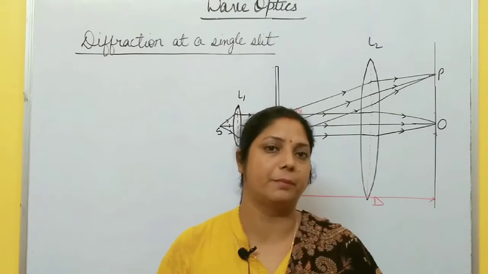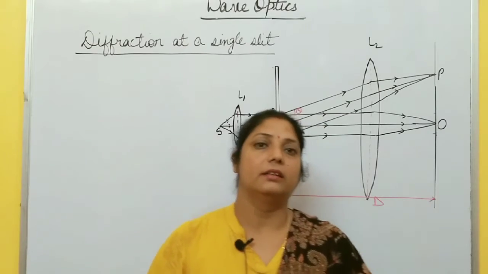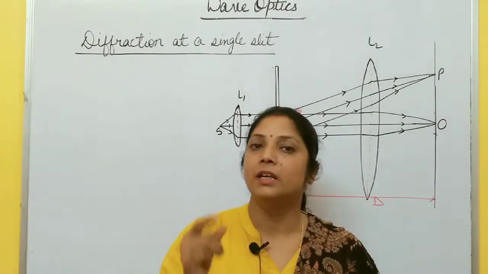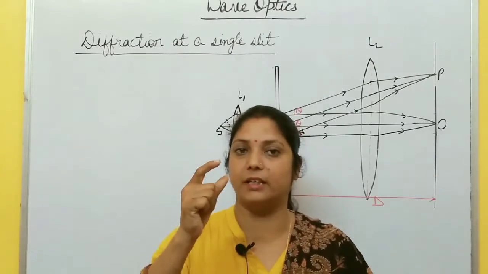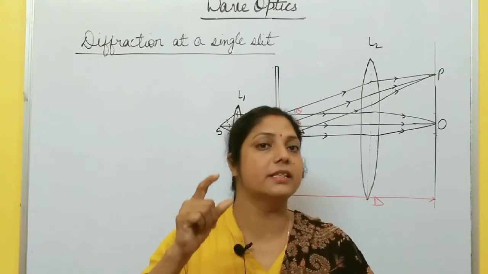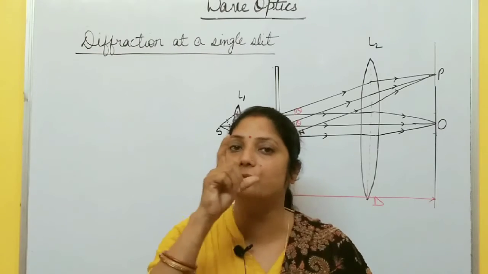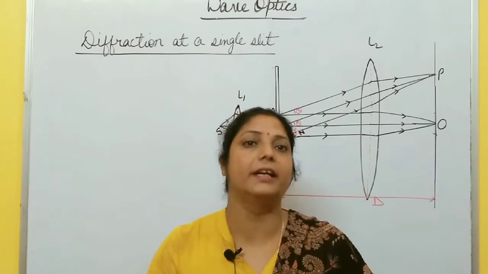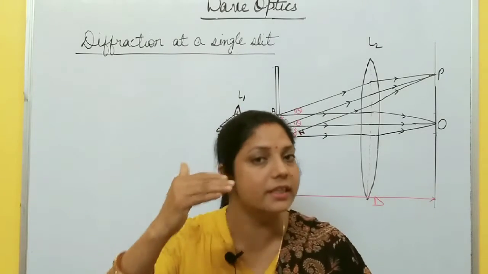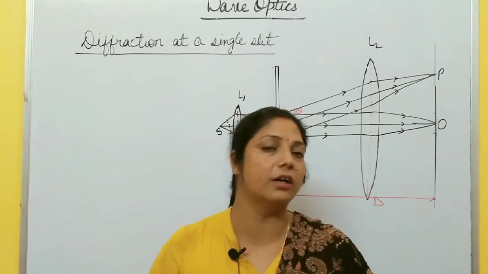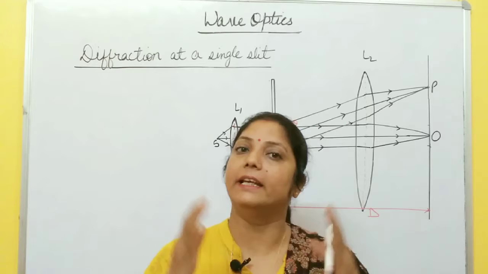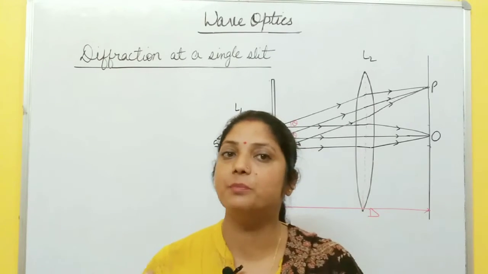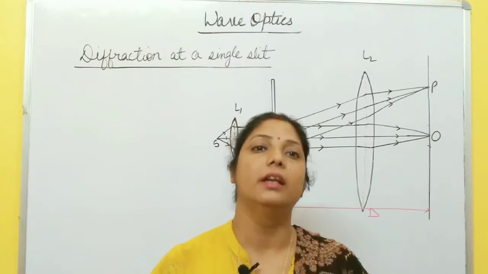But there is one more interesting thing: when the size of that obstacle or aperture is comparable to the size of the wavelength of light used, then bending of light takes place around the corners of the obstacle or aperture, and the light spreads into the region of geometrical shadow. This property of light is called diffraction.